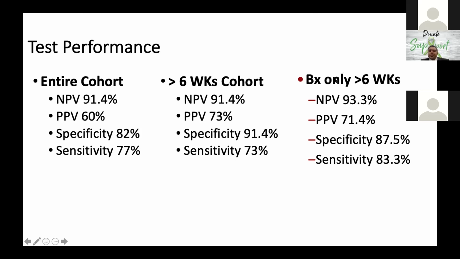When we correlated this using biopsy data only, as with the cases that I showed you, some were biopsied and some were not biopsied for one reason or another. So when we compared the test performance when we had biopsy, the negative predictive value was 93.3%. That means if the test is negative, there's a 93.3% chance that we're going to have negative for rejection on the biopsy, and the positive predictive value is 71.4%.